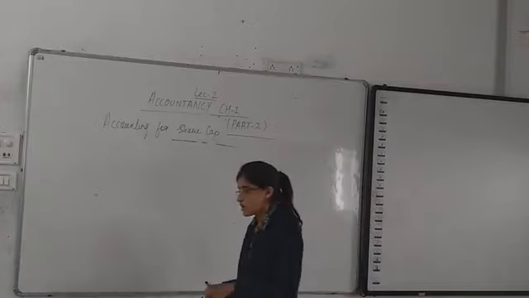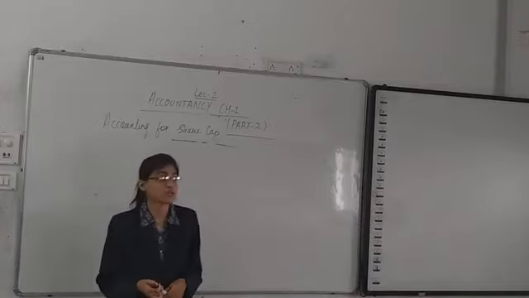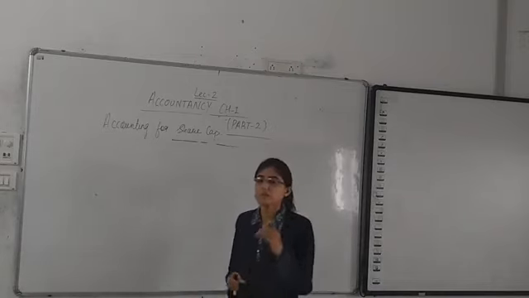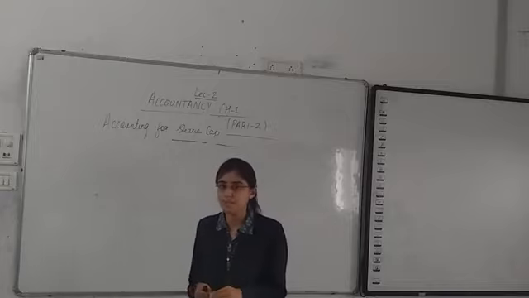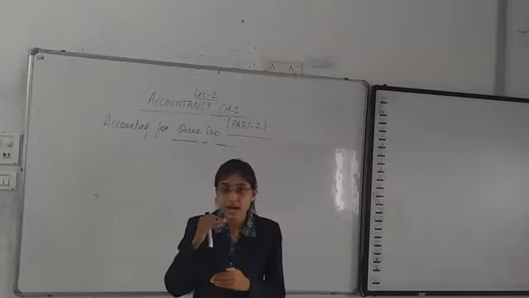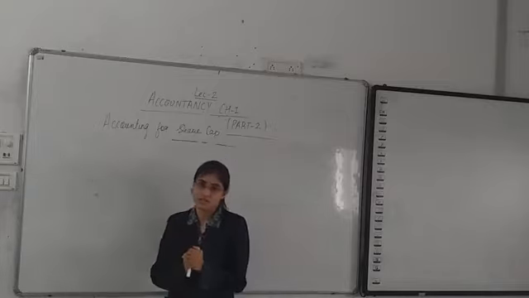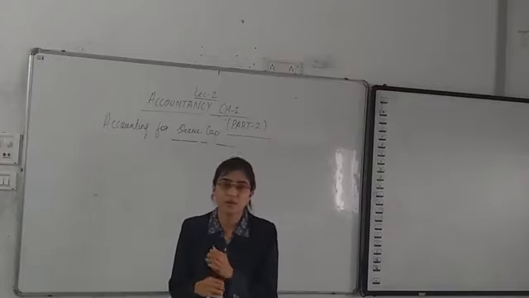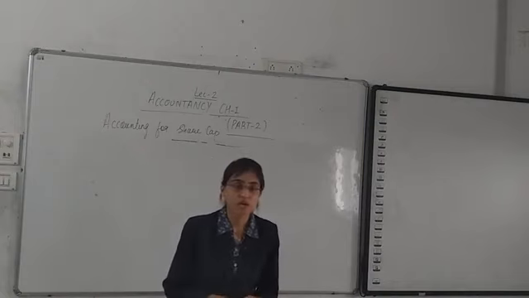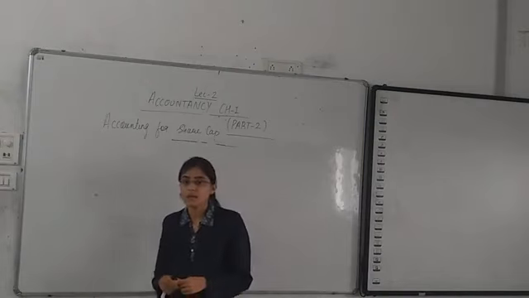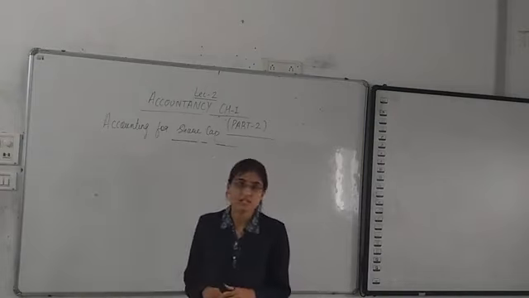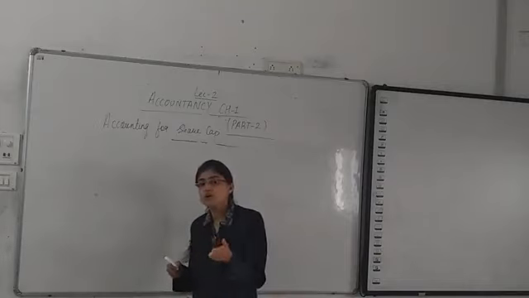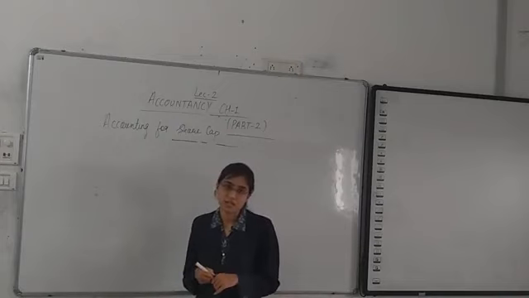People who have applied for the shares in my company, I have allotted them shares, saying you can purchase the shares of my company and be a shareholder. Then comes the step of allotment.